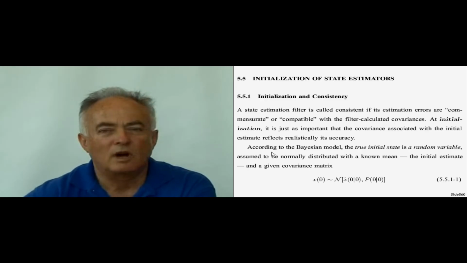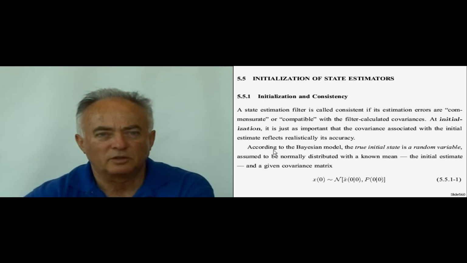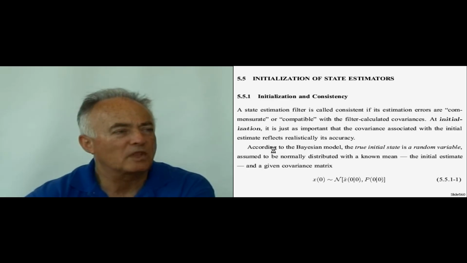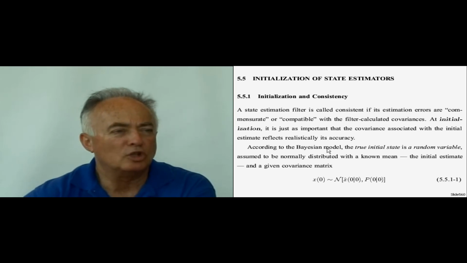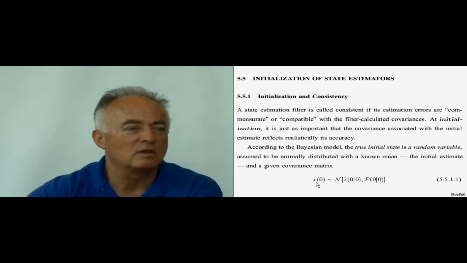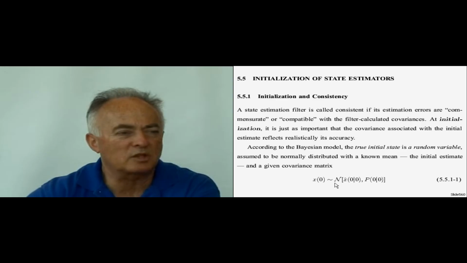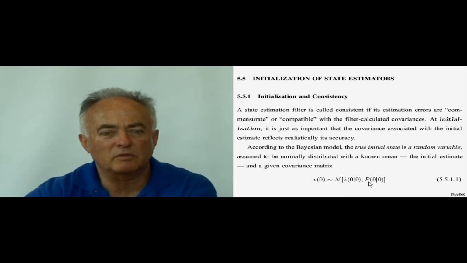Now, how do we interpret this and make out of it a practical tool for engineering systems? Go back to the math. In the Bayesian model, the true initial state is a random variable, assumed normally distributed with a known mean, and this is the initial estimate, and the given covariance matrix. So x at 0 is Gaussian distributed, mean x hat, covariance P. This is the mathematical definition.